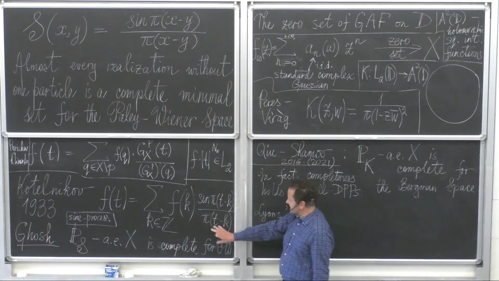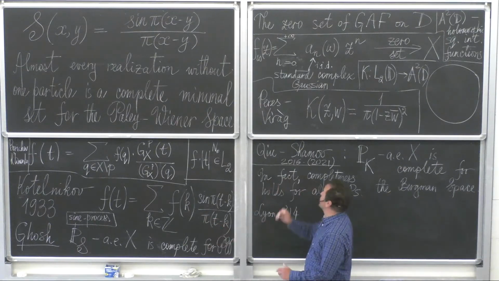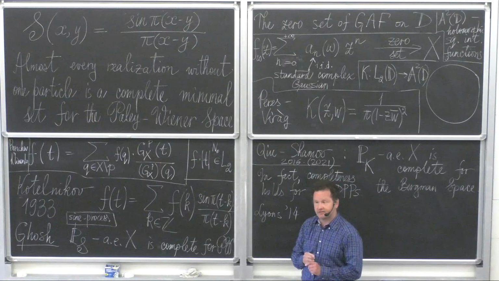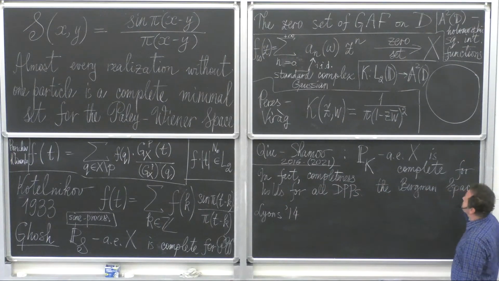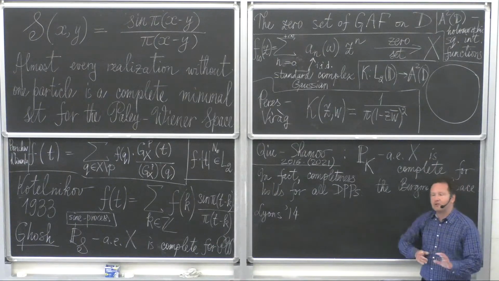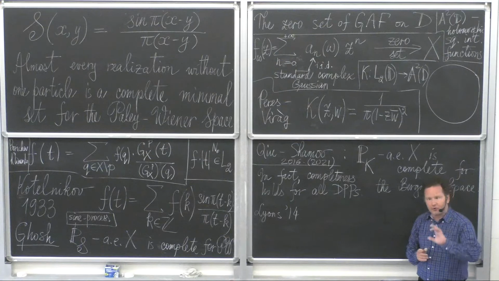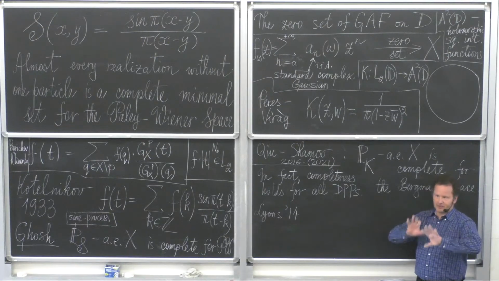So under the additional assumption of rigidity, Ghosh proved this, but this setting is not rigid, and we proved it in full generality. As I said, our argument holds for all determinantal point processes.